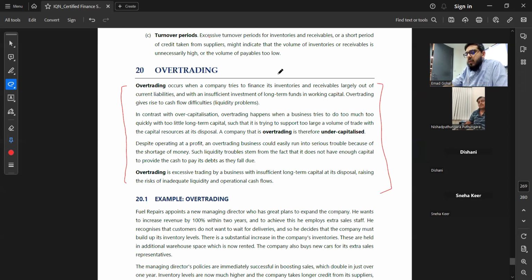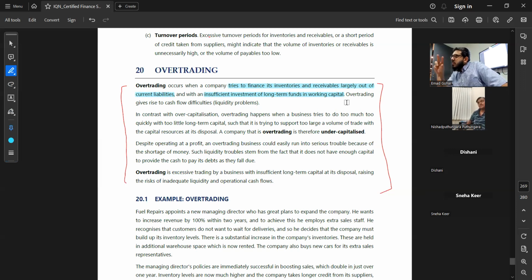They say overtrading occurs when a company tries to finance inventory and receivables largely from current liabilities, with insufficient investment of long-term funds in working capital. Very simple. Basically, whatever we discussed above was over capitalized.